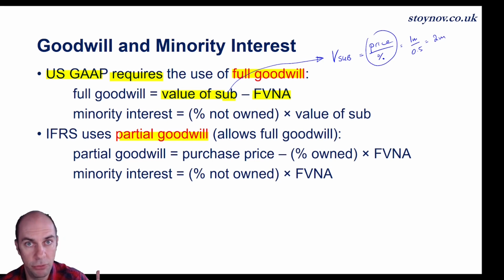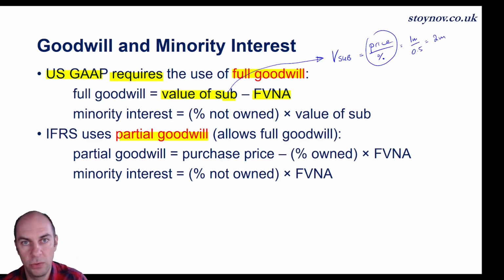You take your price and you gross it up by your stake. That's the value of the sub. Then you compare the entire value of the sub to the fair value of the net assets. That is the full goodwill figure. So full goodwill means goodwill based on the entire value of the subsidiary.